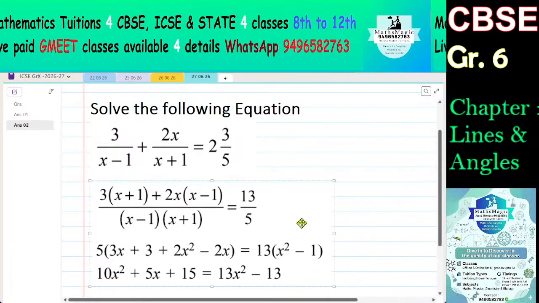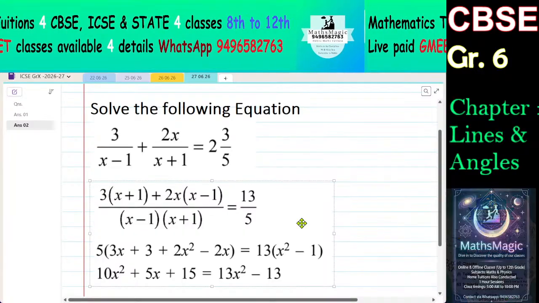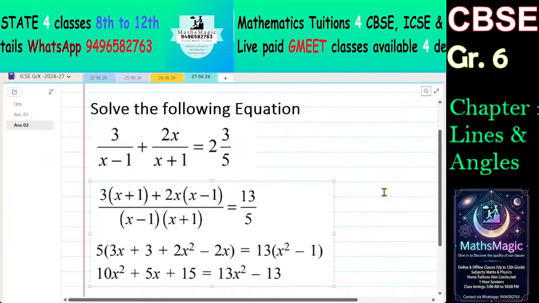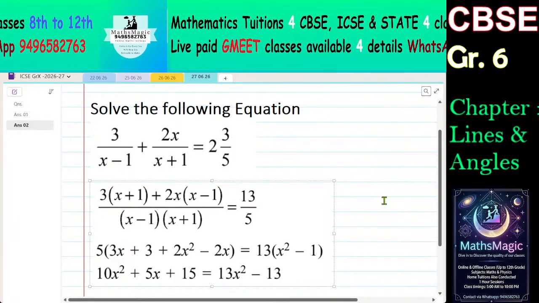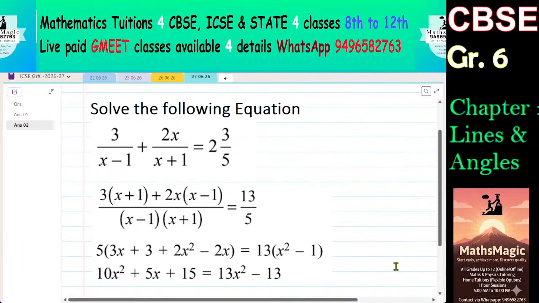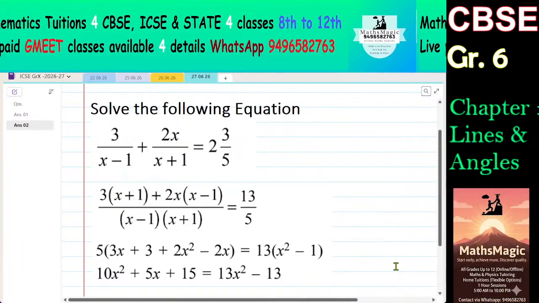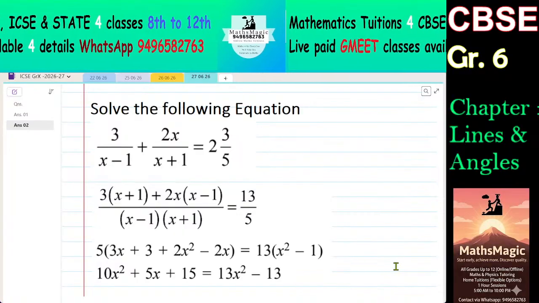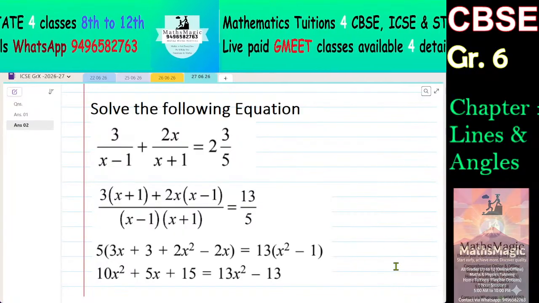Gives divided by x minus 1 into x plus 1 gives 13 by 5. That is an improper fraction of the mixed fraction 2 and 3 by 5. And you need to cross multiply it, expand it, and simplify it.